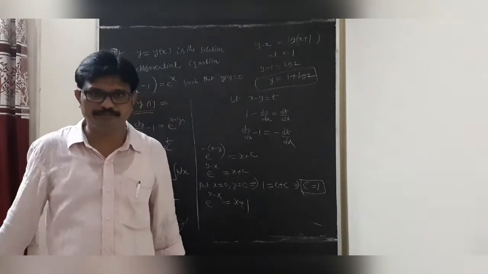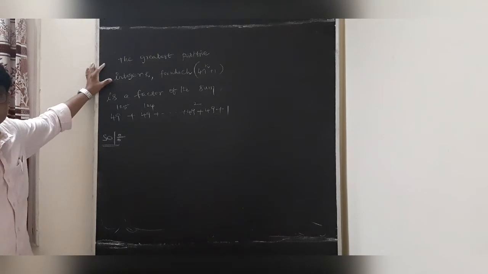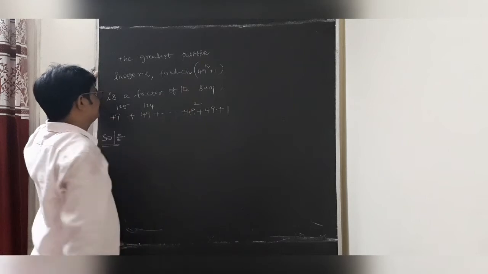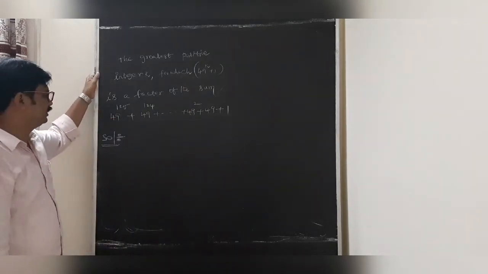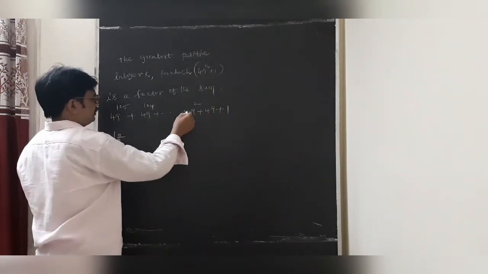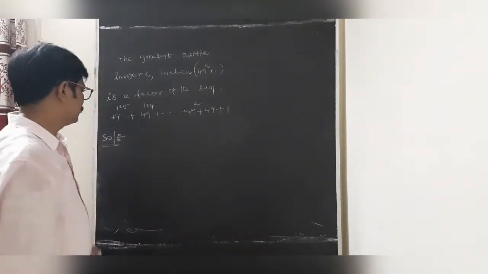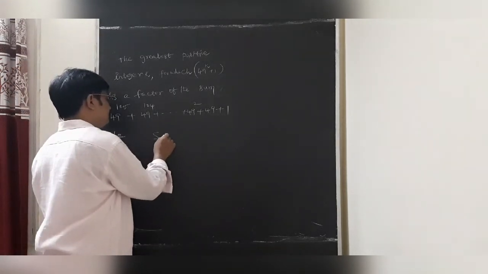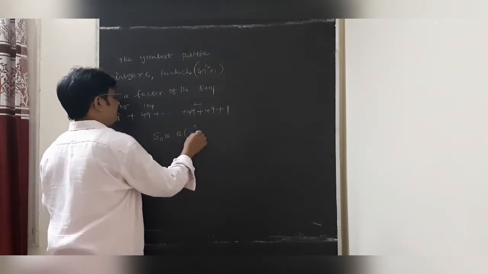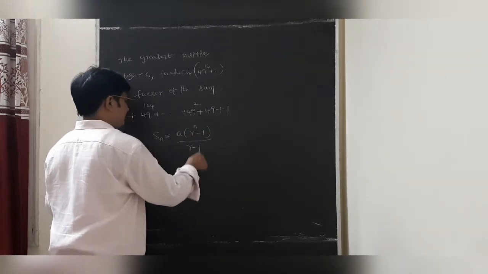Okay, students? Now, the greatest positive integer k, for which 49 power k plus 1 is a factor of the sum. Dear students, we observe this is 1, 49, 49 square, 49 cube. This is in GP. We know that the sum of n terms in GP is Sn equal to a into r power n minus 1 upon r minus 1.